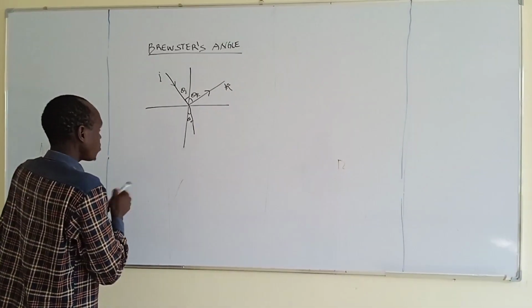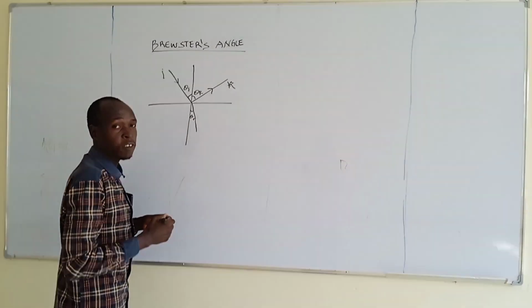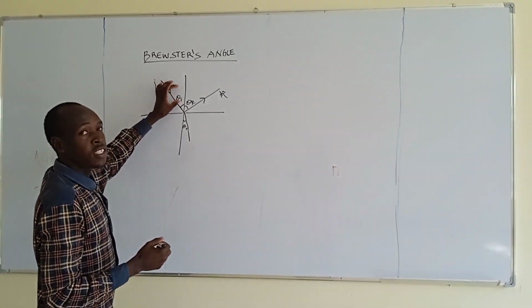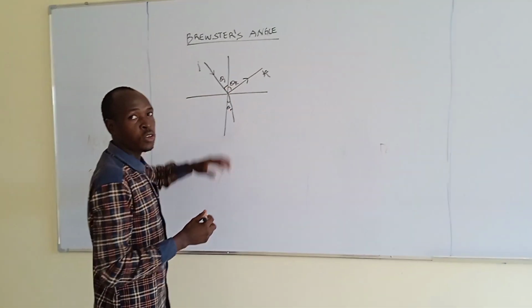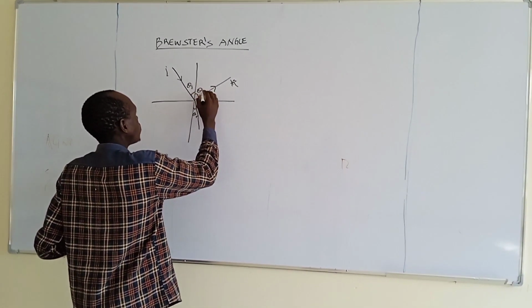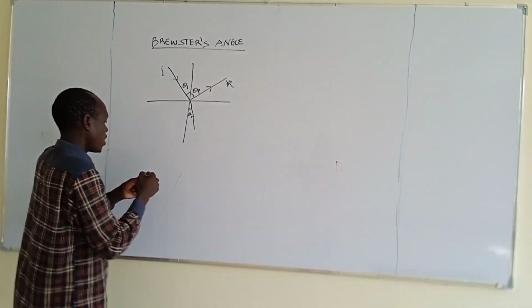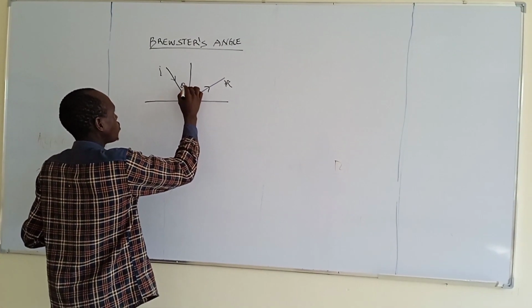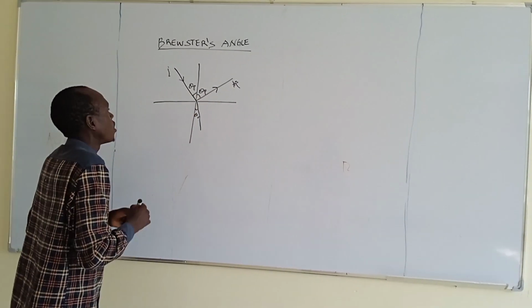Now, from the laws of reflection, we also know that the incident angle is equal to the reflected angle. So this reflected angle we can call the polarized angle, which is theta p. And having been equal to the incident angle, this incident angle we shall also call theta p.